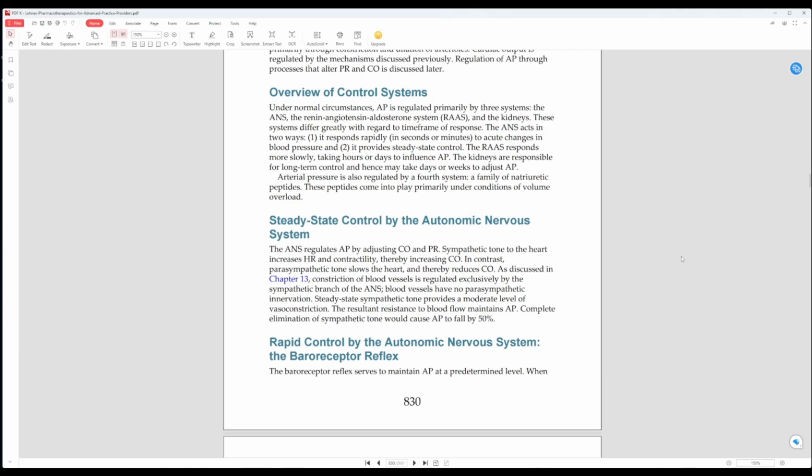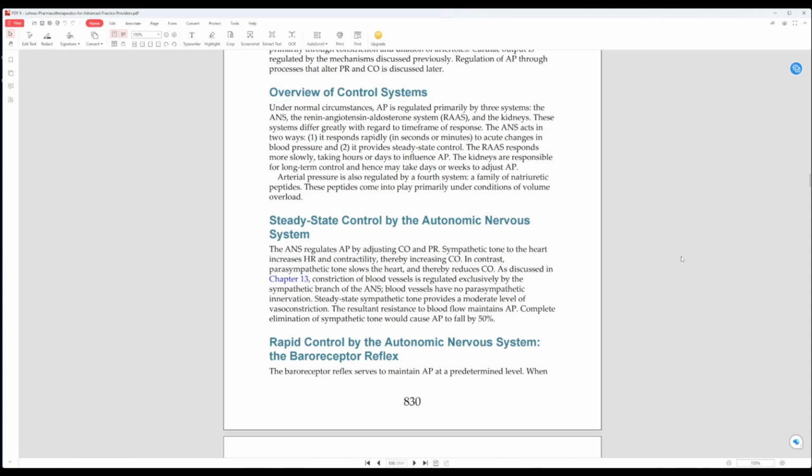It responds rapidly, in seconds or minutes, to acute changes in blood pressure, and it provides a steady state control. The RAAS responds more slowly, taking hours or even days to influence your arterial pressure. The kidneys are responsible for long-term control and therefore may take days to weeks to adjust that arterial pressure.